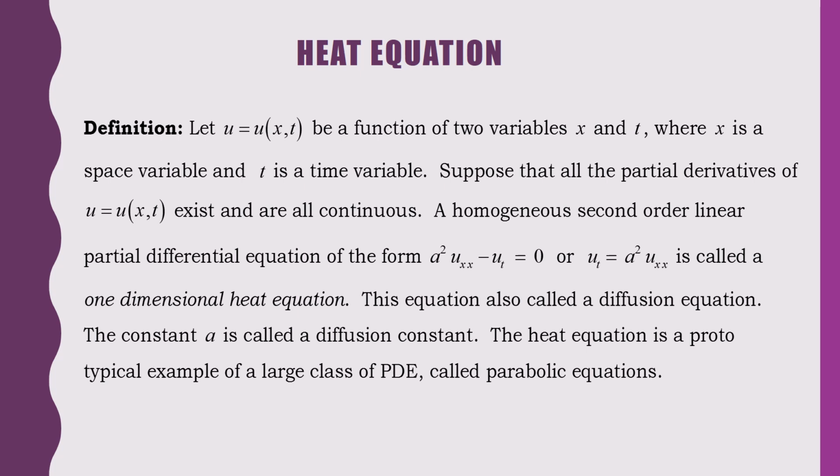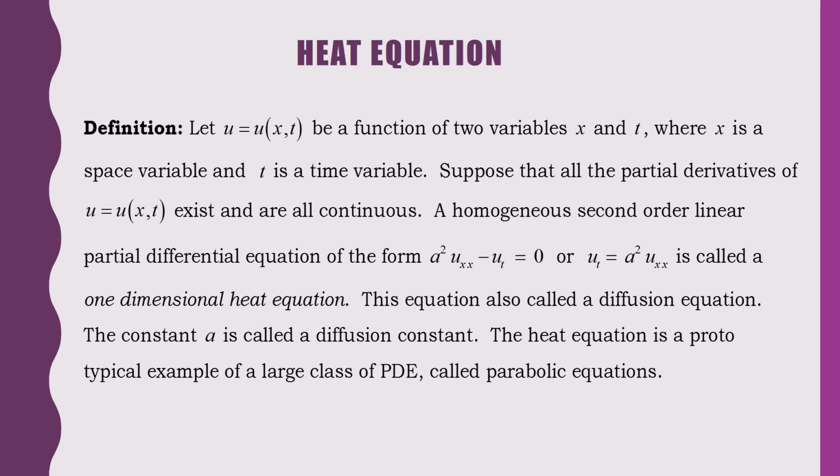Consider a function u equals u of x comma t. u is a dependent variable and it depends on two independent variables x and t. x is a space variable and t is a time variable.